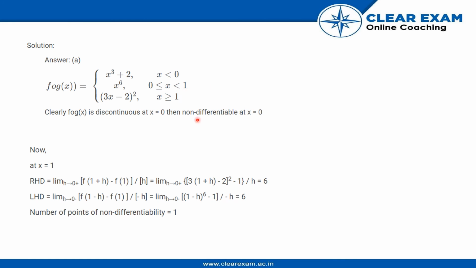For non-differentiability at x equal to 0, we differentiate: the top term becomes 3x square and the bottom term becomes 6x raised to 5. So it is not differentiable, because if the function is not continuous, it cannot be differentiable. But if the function is not differentiable, it can still be continuous. Differentiability implies continuity, but continuity does not imply differentiability. This is what we are proving here.